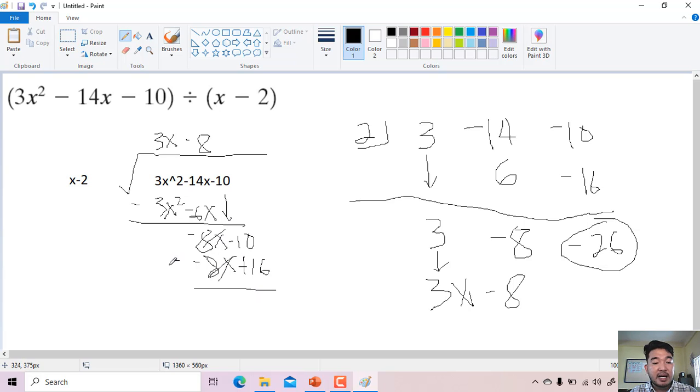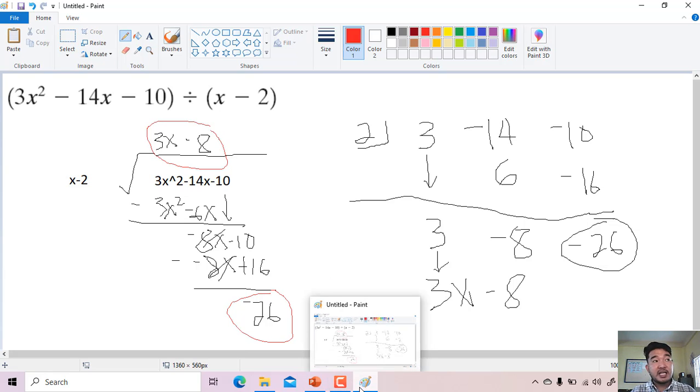Negative 10 minus negative 16 is negative 26. So that means you will still arrive at the same answer no matter what method you will be using. The quotient is 3x minus 8 and the remainder is negative 26. So basically, that is how we solve for the division of polynomials.